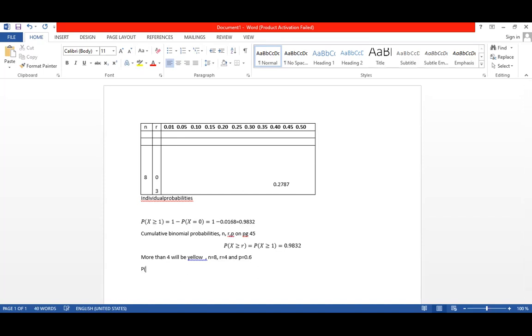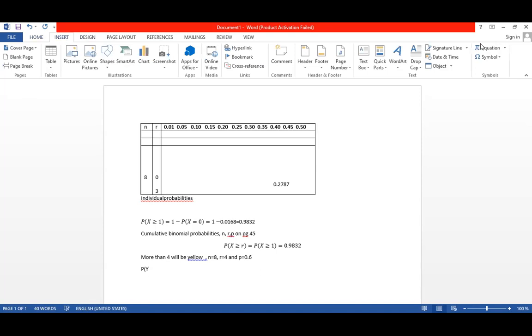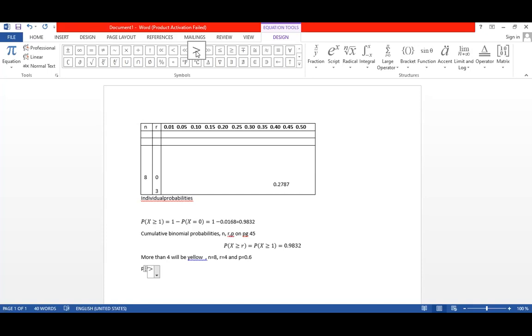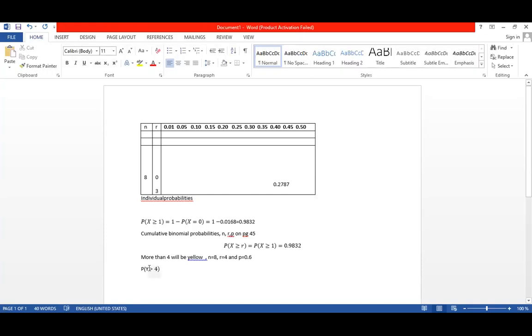We are saying they gave us more than 4 will be yellow, and that is using the formula. If you wanted to use the logbook, you can reason that this is the same as, what are you telling me?